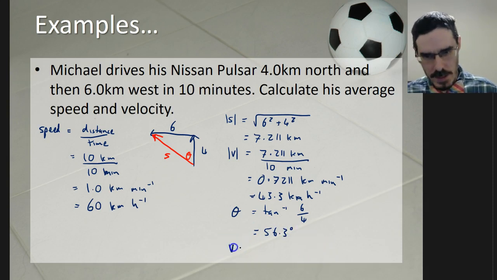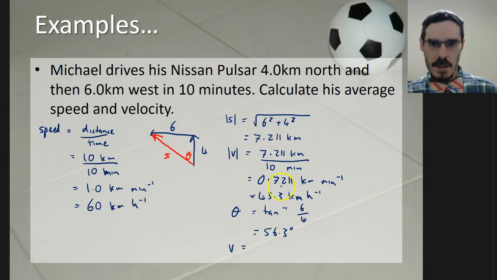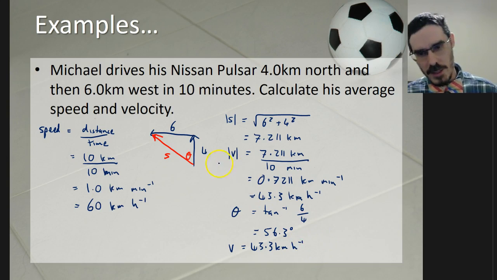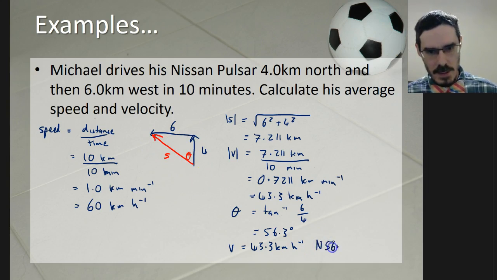So my velocity then is 43.3 kilometres per hour, and the direction is north 56.3 degrees west.